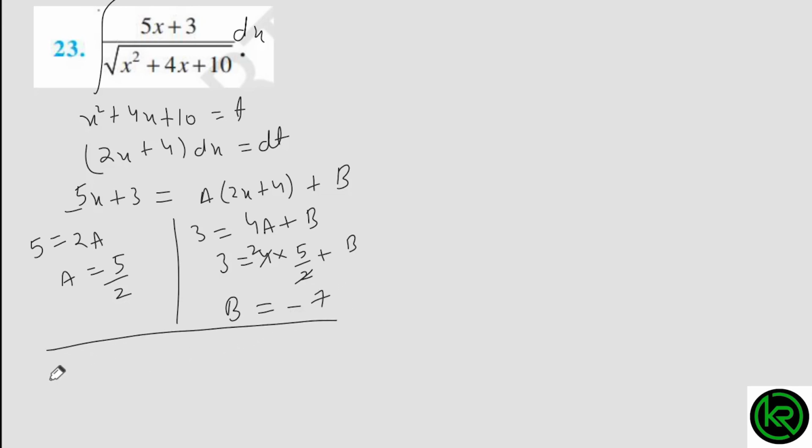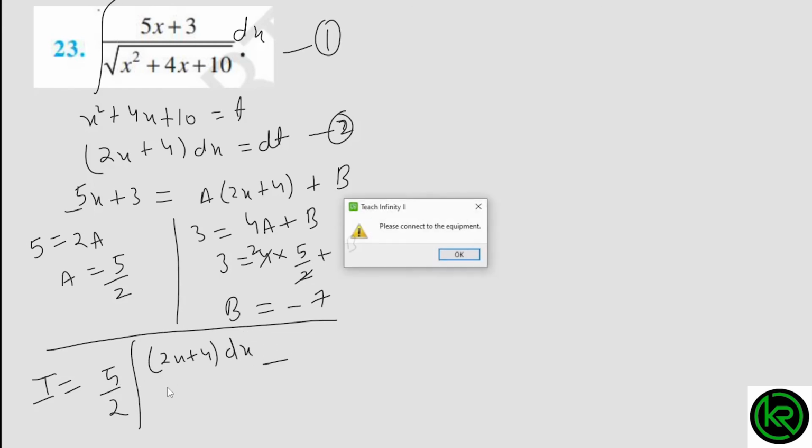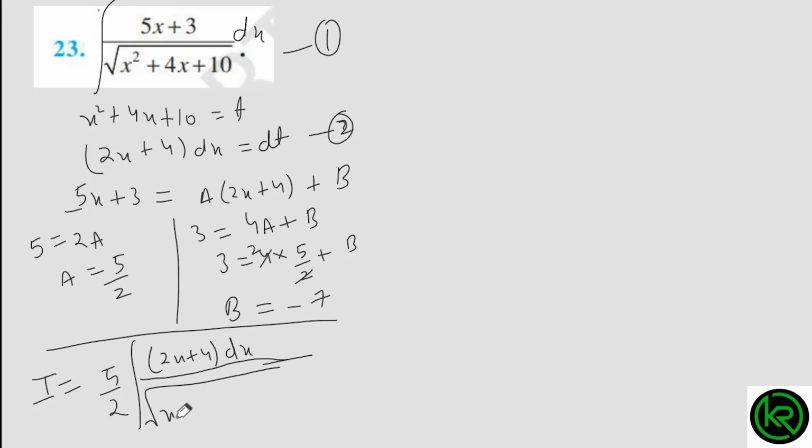So this integral is now converted into this first part and this second part. So I will be equal to 5 by 2, which I am taking outside, times the integral of 2x plus 4 dx upon under root x square plus 4x plus 10, and on this side minus 7, which we will take outside, dx upon under root.